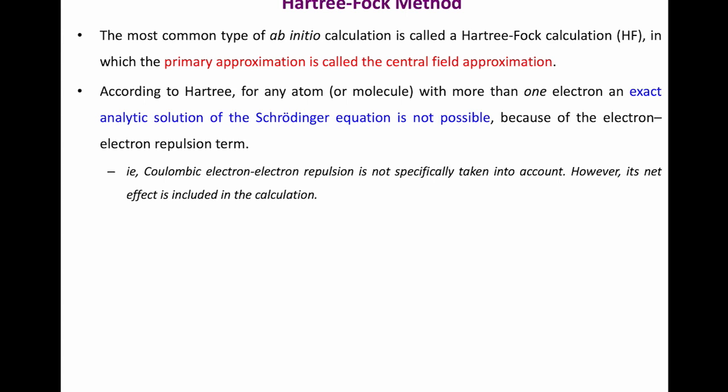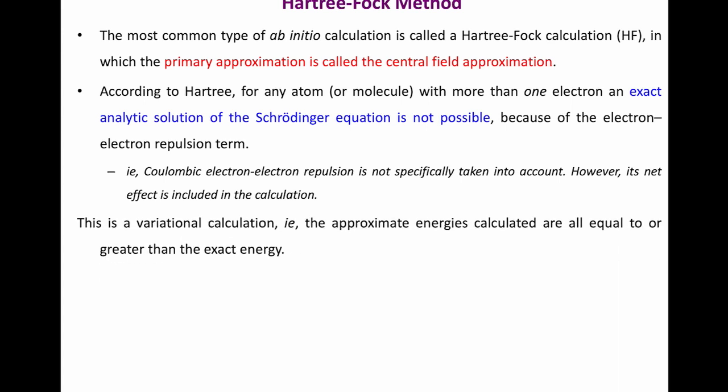According to Hartree, for any atom or molecule with more than one electron, an exact analytical solution of the Schrödinger wave equation is not possible because of electron-electron repulsion. That is, Coulombic electron-electron repulsion is not specifically taken into account. However, its net effect is included in the calculation. That is known as the primary approximation.